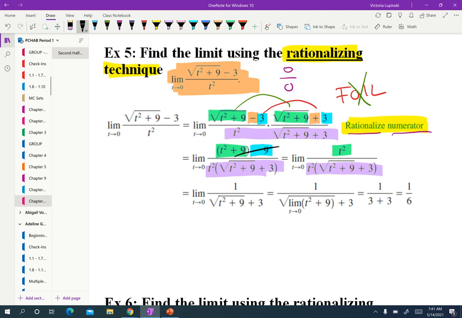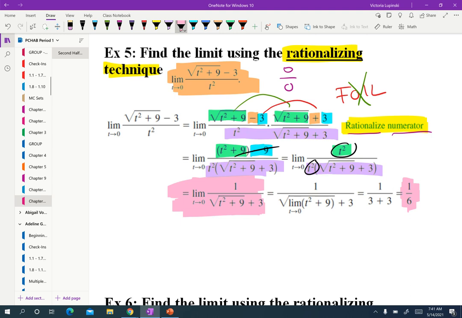Notice that the t squared from the numerator and the t squared from the denominator, well, those are now allowed to cancel, which brings me down to this value right here. Once I have simplified, reduced, and canceled, I usually will be left with something that I now can plug in for. And if I go ahead and plug a 0 in for all the t's, I'm going to get the square root of 9, which is 3, plus 3, which gives me a final answer of 1 over 6.